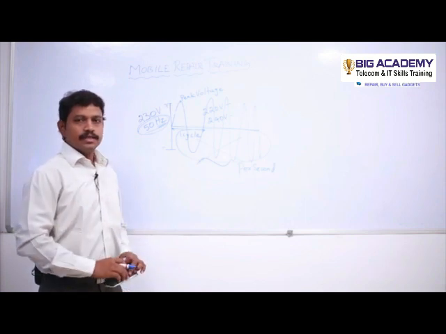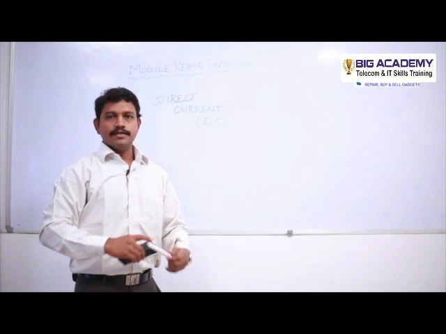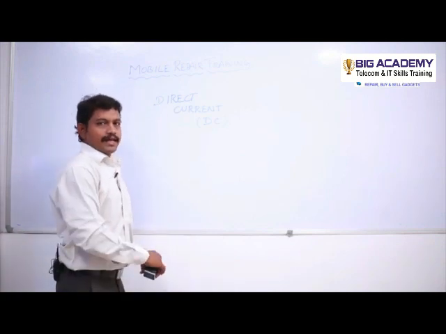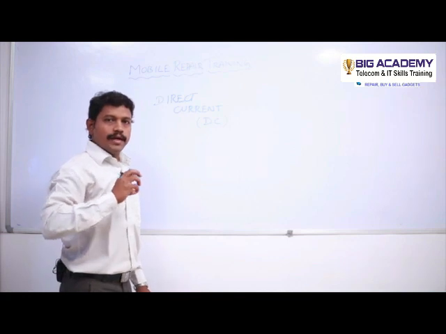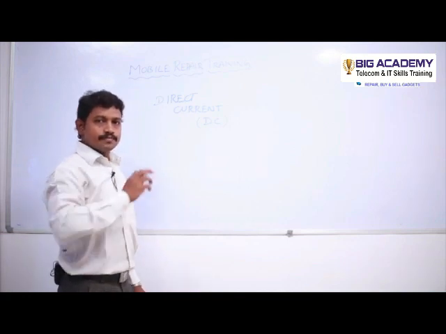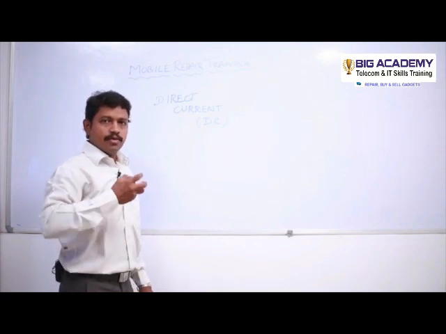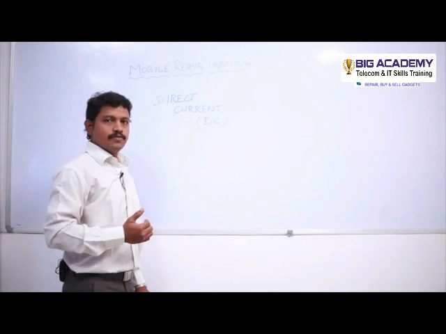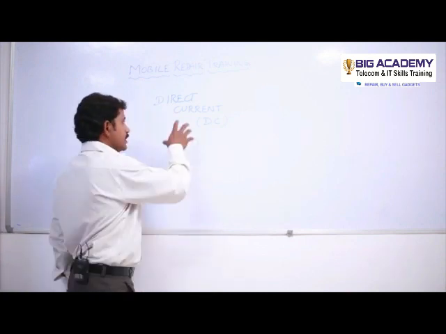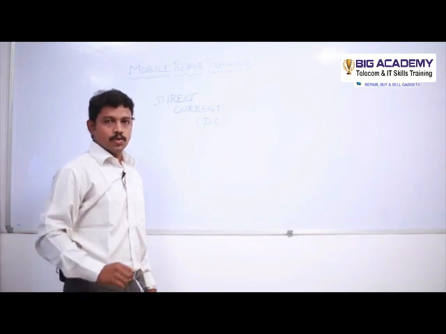And next we'll see the direct current, DC. Wherever we store the energy, voltages in one particular location or in one particular device, and retrieve it for any load, that source is called a direct current, DC source.